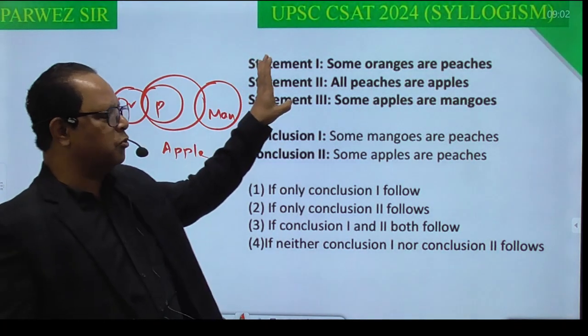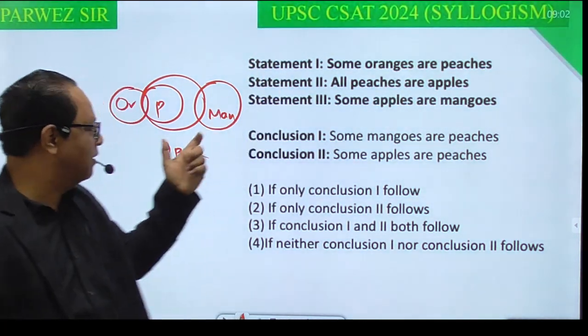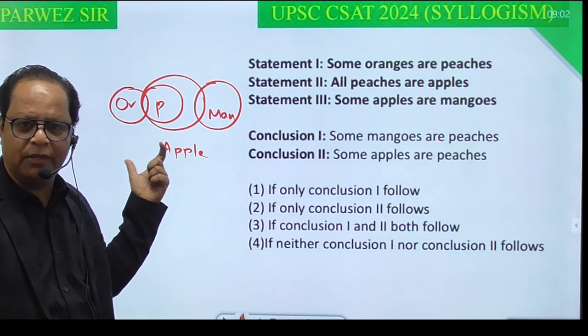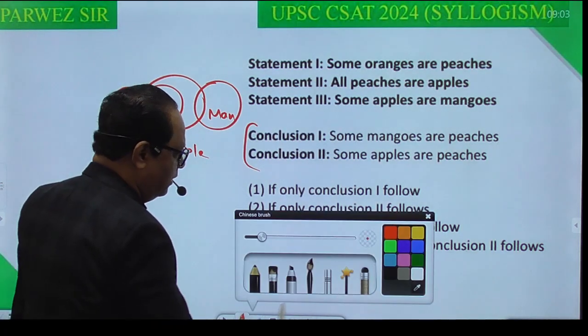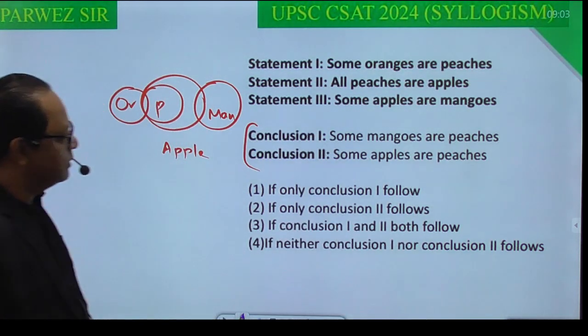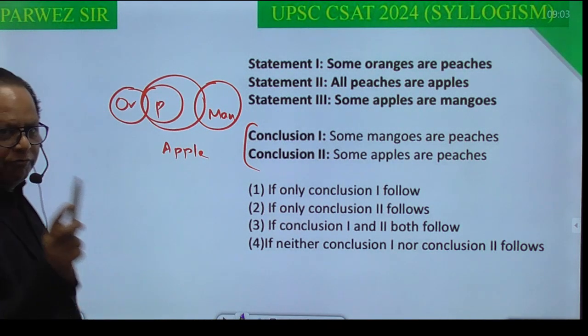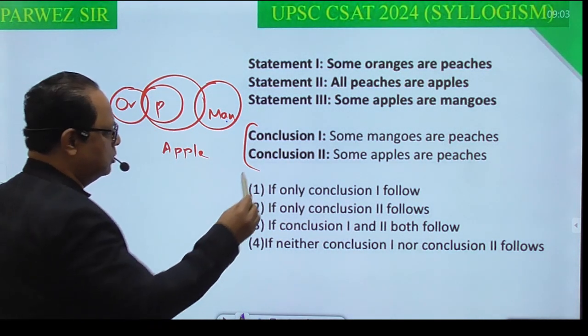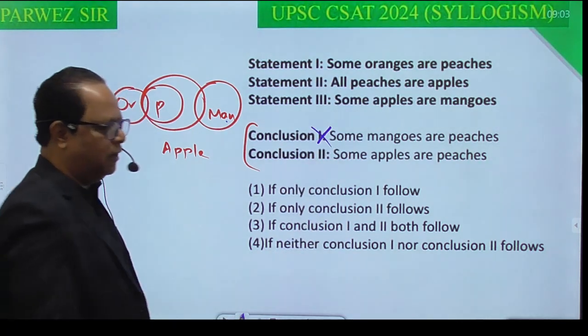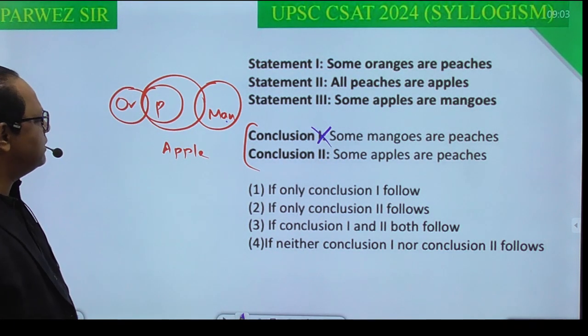So according to these statements, we can draw our picture in this way. Now we will match the conclusions, taking "some mangoes are peaches." We are finding mango is not attached with peaches, so the first option will be wrong. And "some apples are peaches."